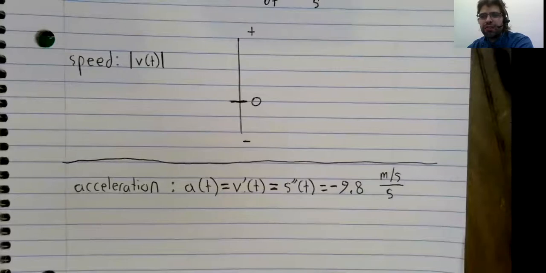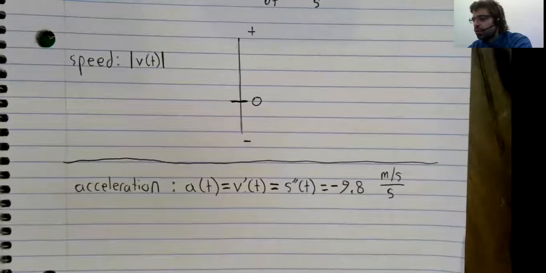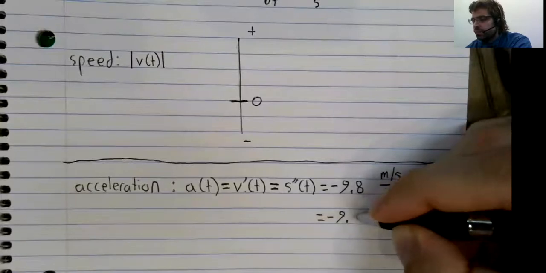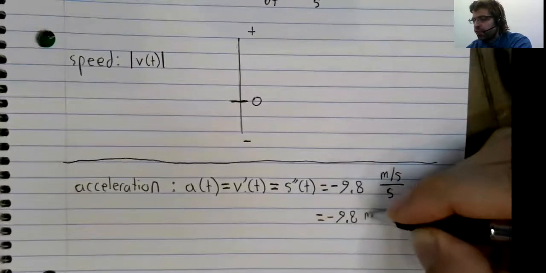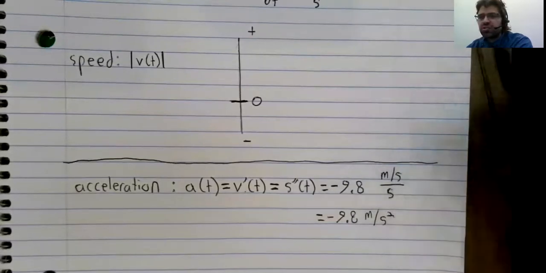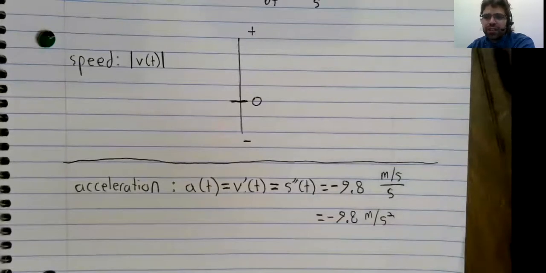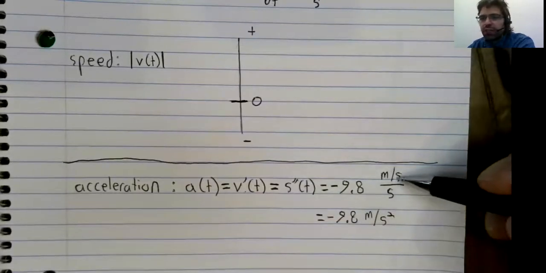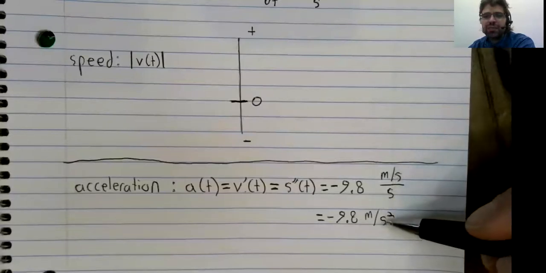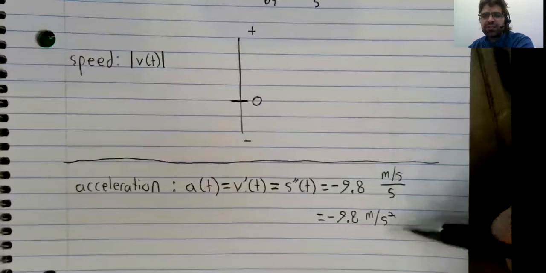The unit of time is given in seconds. So meters per second per second, which is often written meters per second squared. It's a little sloppy, but if you think of S as a variable, you can multiply numerator and denominator here by S and get to this.